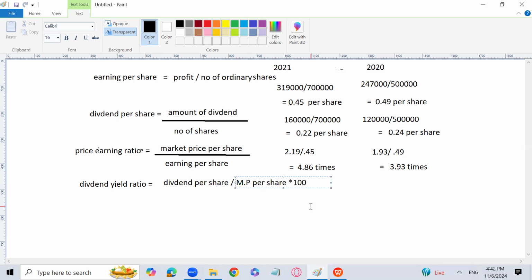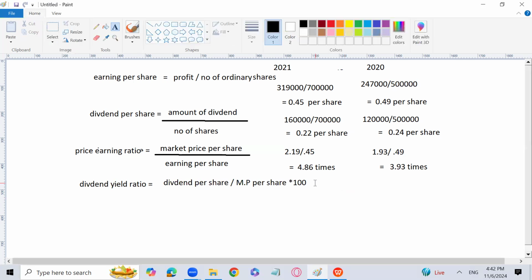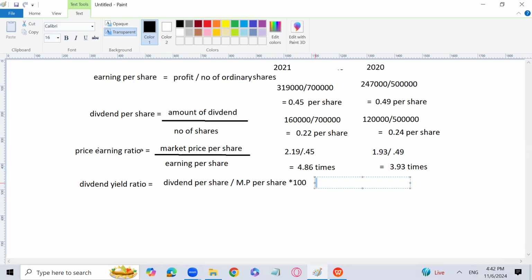So dividend per share we've already calculated for 2021, that is 0.22, divided by market price per share, already given in the question, 2.19, multiplied by 100.